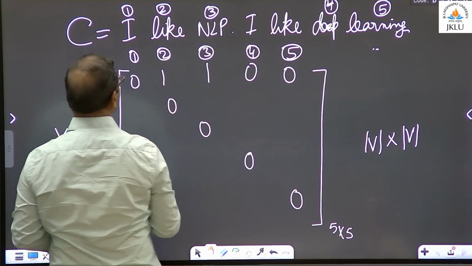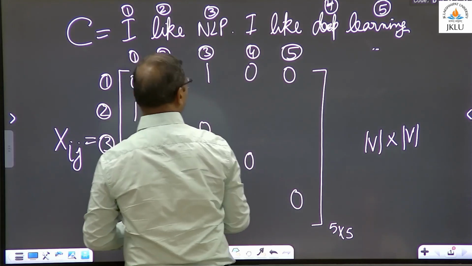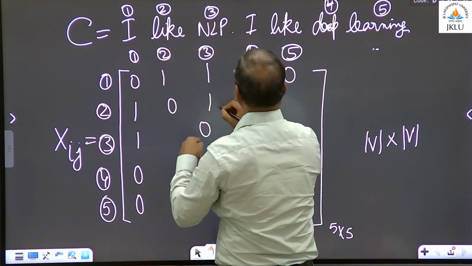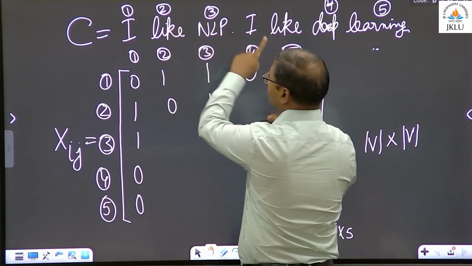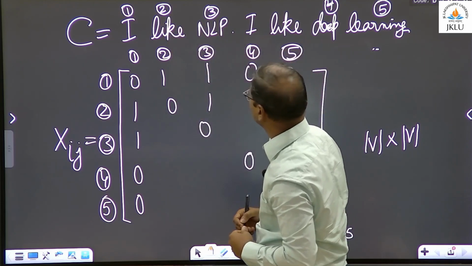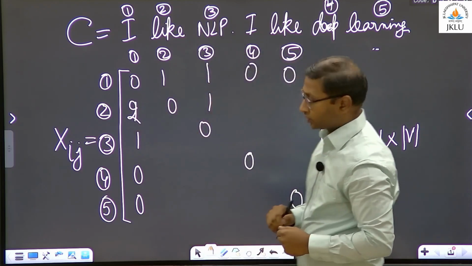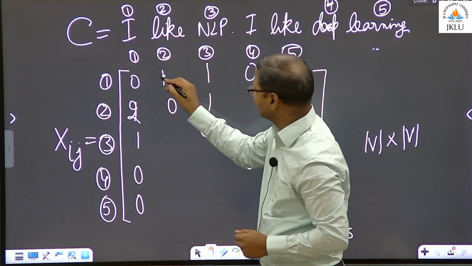Now second, 1, 1, 0, 0. What next? Like NLP. Like, right? So now what should I do? I should make this 2. If this becomes 2, then this will also become 2.